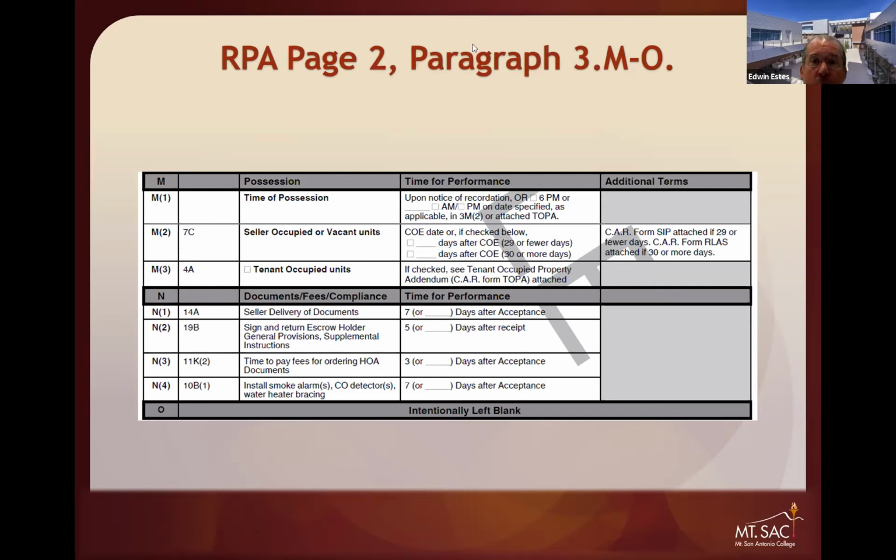All right, so let me go back into the chat. Is the SIP required, or is it a suggestion? If the seller is going to stay in the property for up to 29 days after close of escrow, then the contract requires an SIP, okay?